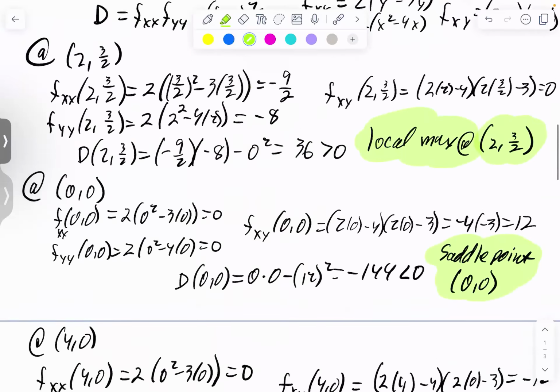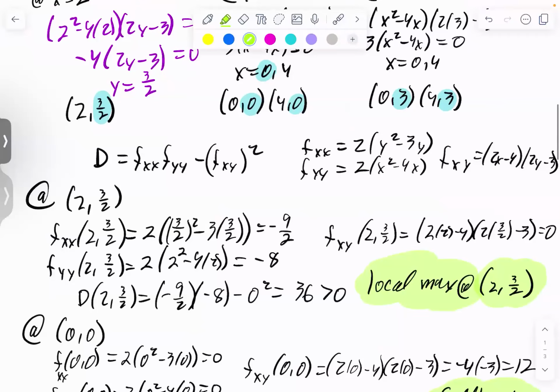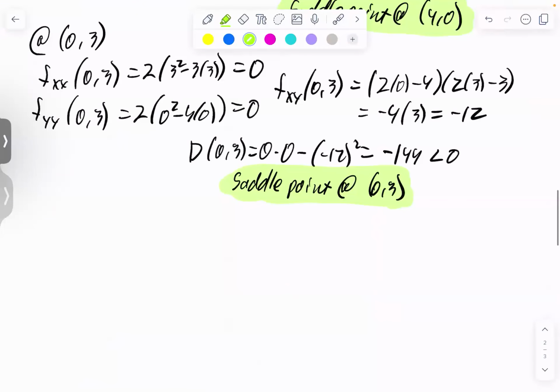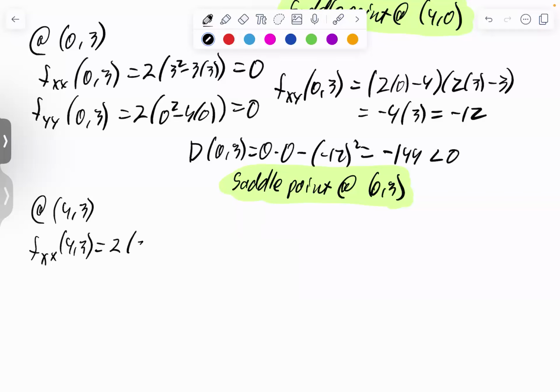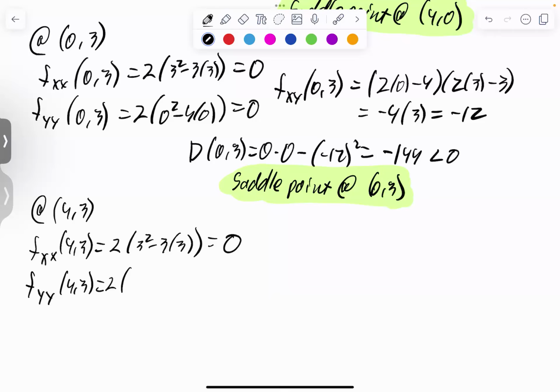And our last one is at the point 4, 3. So we have 2 times 3 squared minus 3 times 3. Once again, that very nicely gives us 0. F sub yy at 4, 3 gives us 2 times 4 squared minus 4 times 4, which once again gives us 0, which is, again, very nice.